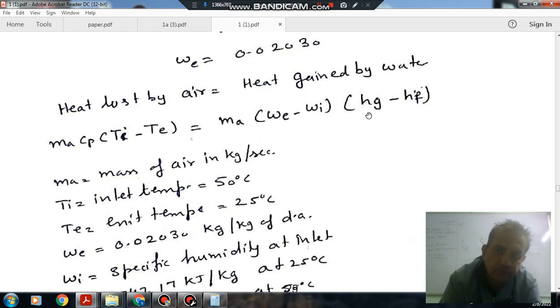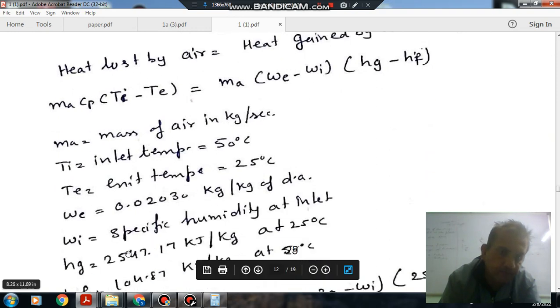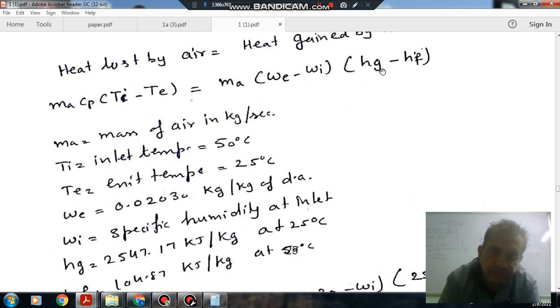This heat comes from the air, so the heat gained by water is equal to the heat lost by air. Now the m a cancels out. Omega E is this, Hg is this, both we have to take at 25 degrees Celsius, because the water is entering at 25 degrees Celsius and leaving at 25 degrees Celsius. Only this is the increase of enthalpy.